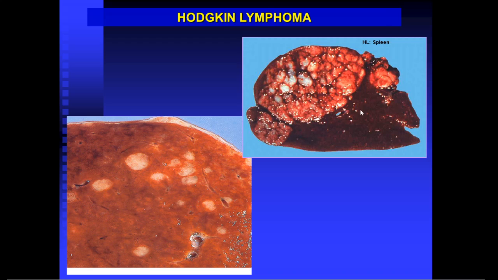Here you see normal tissue of the spleen, and this is the exact problem. Porphyry spleen, you can use this term in your MCQ test like a key, like a tip. Porphyry spleen is a feature of Hodgkin lymphoma.